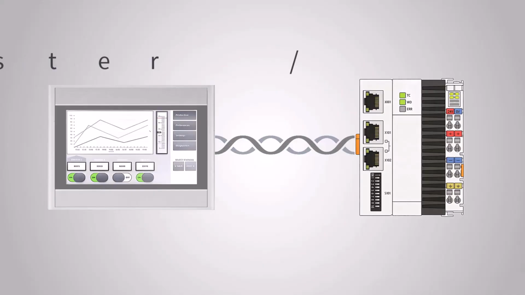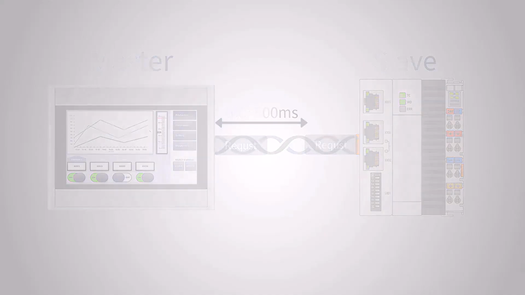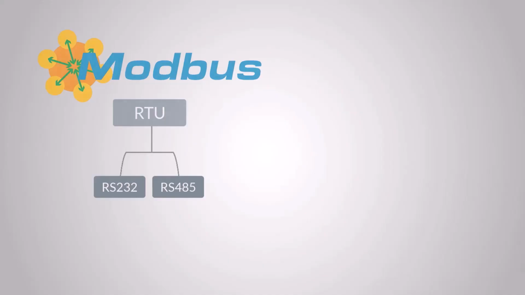Communication most often uses a master-slave architecture. The HMI, acting as the master or client, initiates communication by polling the PLC, the slave or server, at regular intervals, typically every 100 to 500 milliseconds for smooth updates. Popular protocols include Modbus RTU, which is serial-based using RS-232 or RS-485.